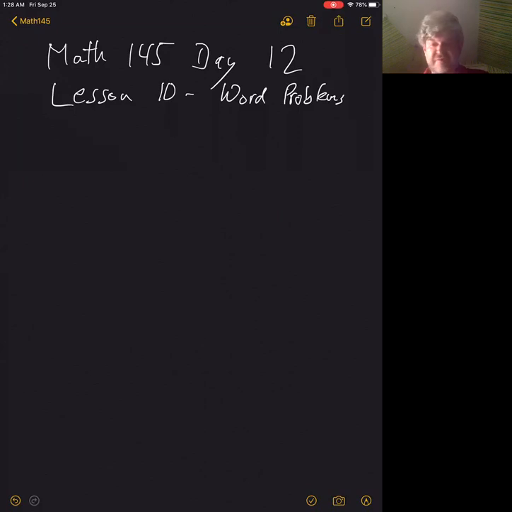So we're looking at these word problems, and I'm hoping that you will discover, like I did, that the problems in this lesson 10 are actually fairly simple. They're on the level of this ladder problem that I did when we did first trig ratios.